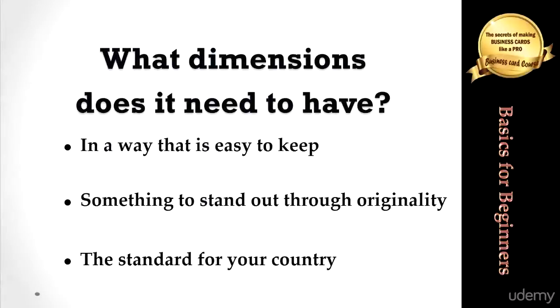When you are choosing what size to have the final business card, keep in mind to make it in a way that is easy to keep, that can be the standard for your country or something original. In the attached file that contains all these concepts, plus other details, you will find a table of standard sizes for different countries.